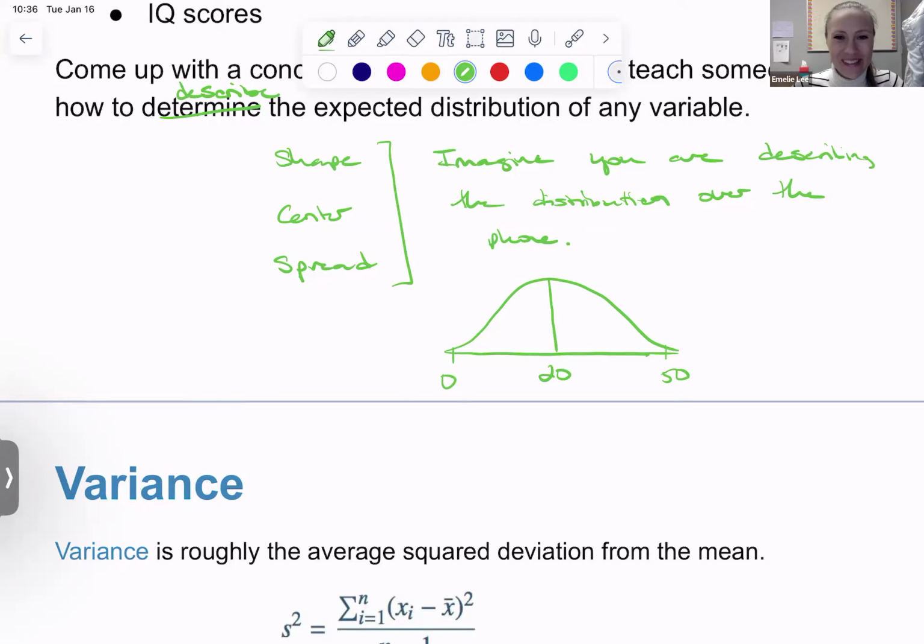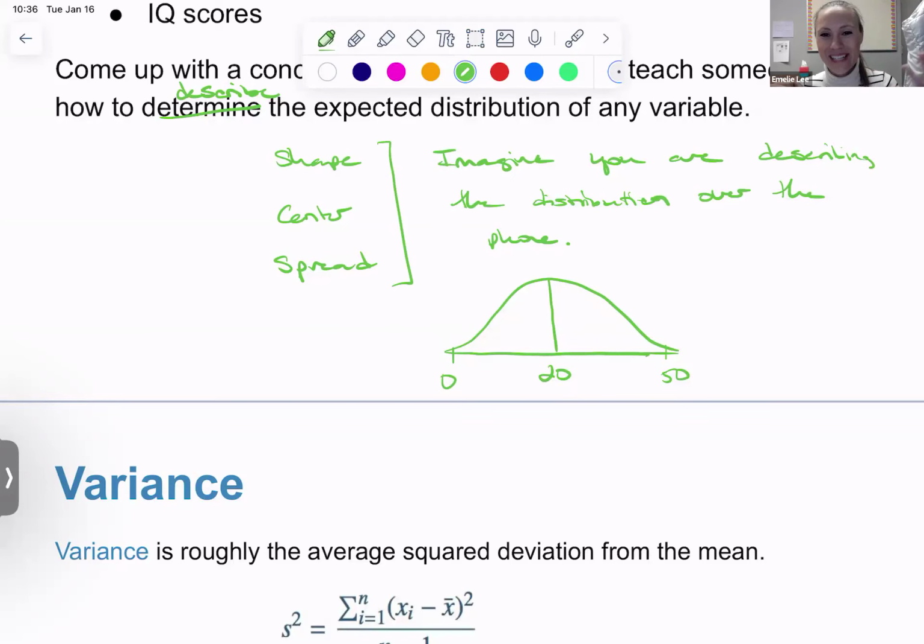Okay, good. So we've talked about the shape a lot today. We've also talked about the center. Now, the center for a normal distribution, we said, would be the mean. And there are other centers that we'll get to next day probably.